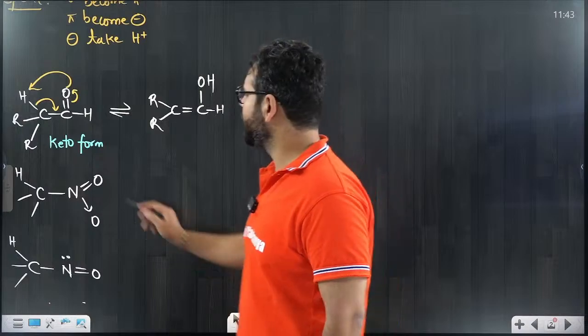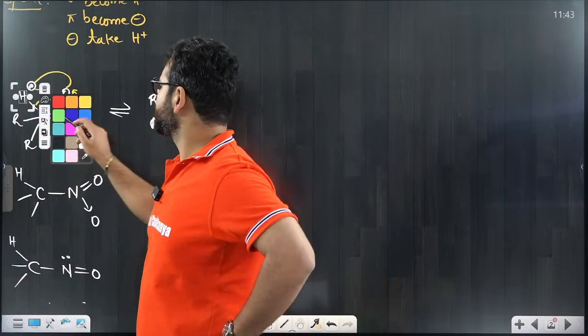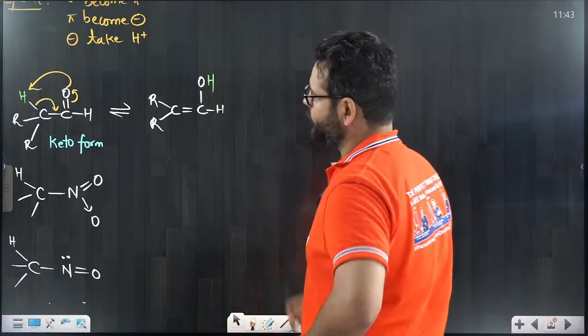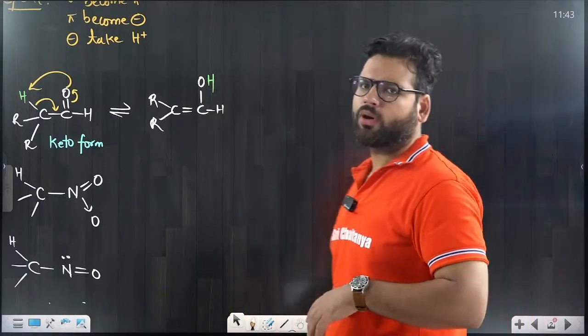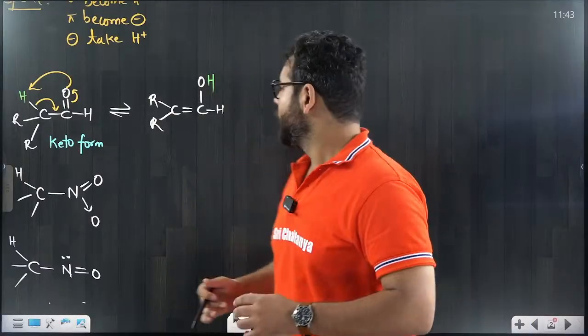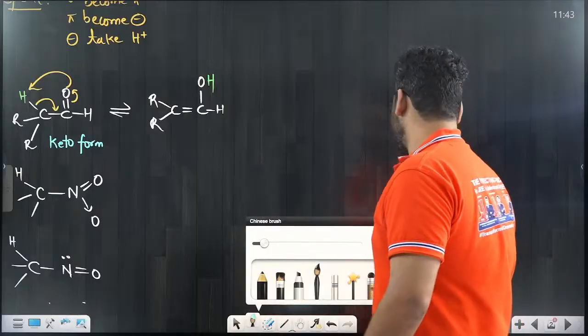This proton has shifted. Let me paint it as a green color proton. So what we started with was a ketone or an aldehyde. Ketone or aldehyde, you can call it the keto form. This became an enol. So this is the enol form.